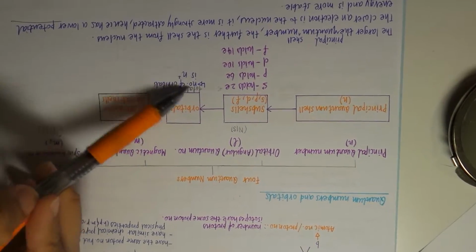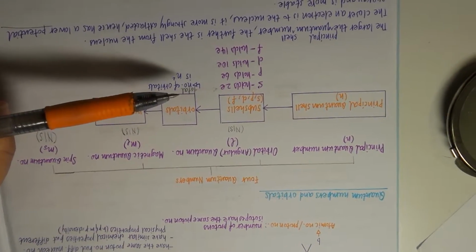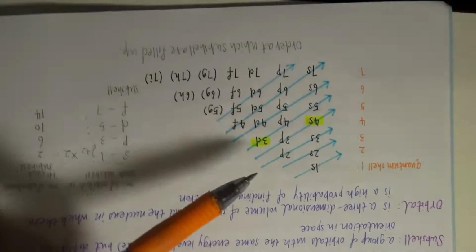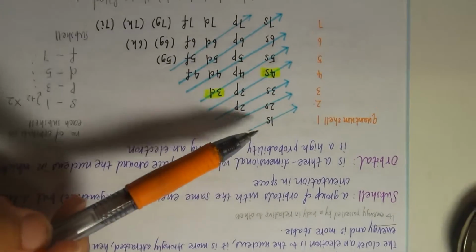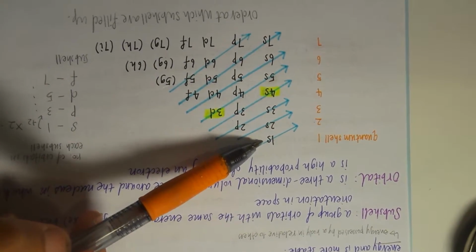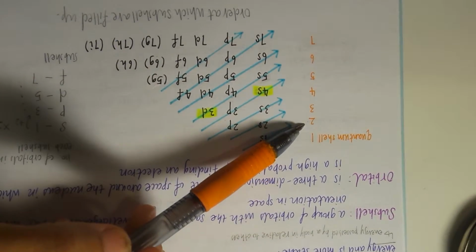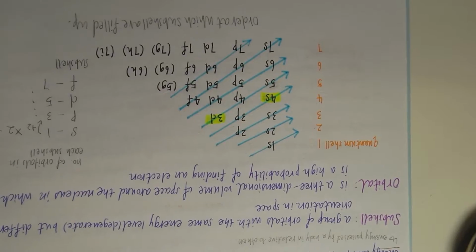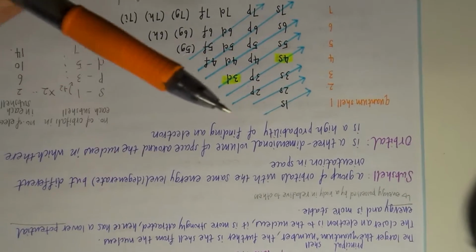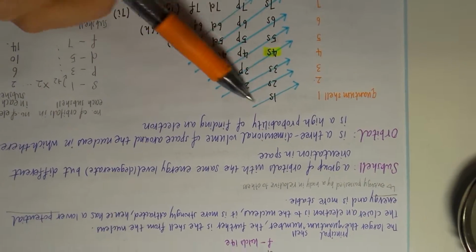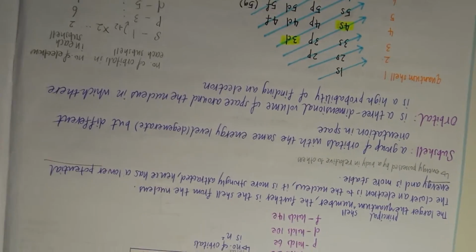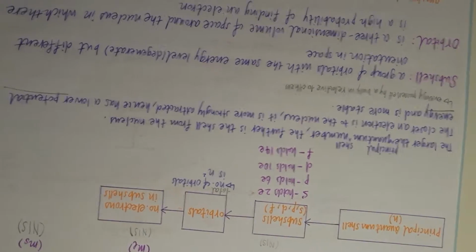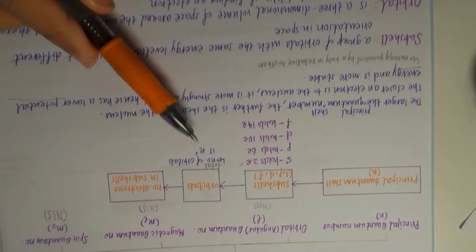That is because in principal quantum shell 1, the 1s orbital will be found, and in principal quantum shell 2, the 2s and 2p orbitals will be found, and all of them added together give a total of 4 orbitals. So it's calculated using this formula.